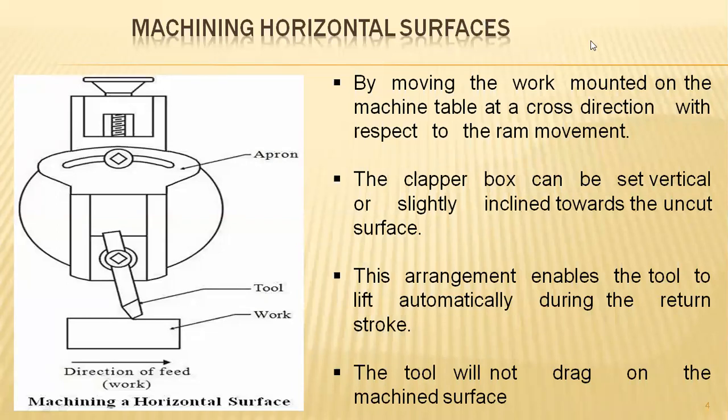Let's look one by one in detail at the operational processes. Machining horizontal surfaces. The diagram represents the tool and work engagement of the working process, where the tool shape is engaged with the work part.